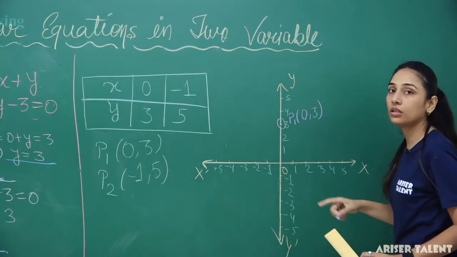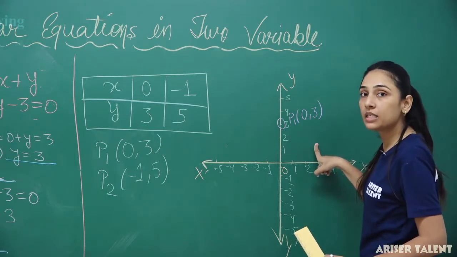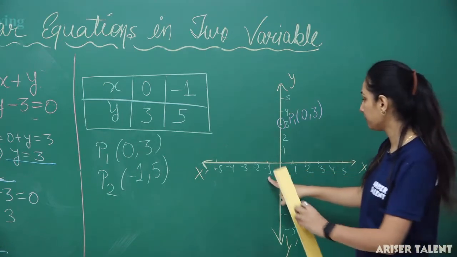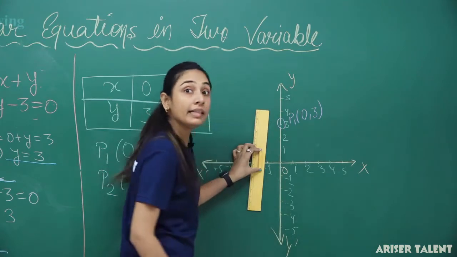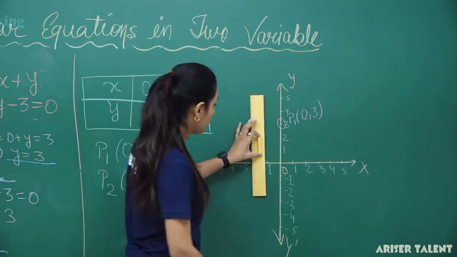Now the next point is P2, minus 1, 5. So minus 1 is the abscissa, that means on the x-axis. So abscissa minus 1 here. Now minus and plus will go in the second quadrant, right? Okay.